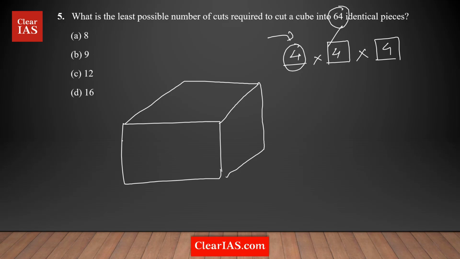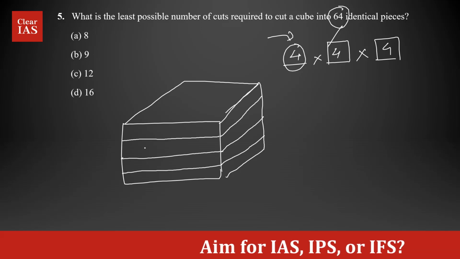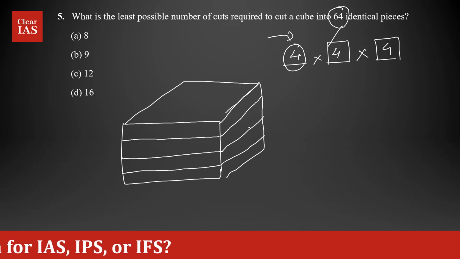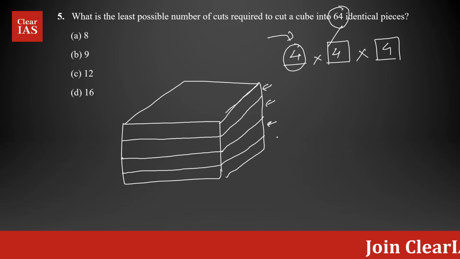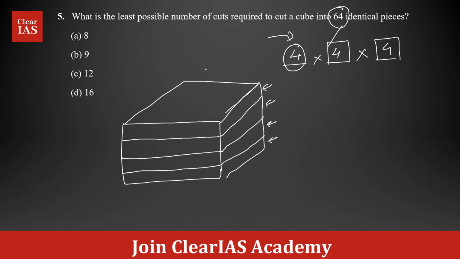I'm assuming this is the first cut, along the length, then the second one, and the third one. Like this, I'm cutting it. So you have 4 pieces: first, second, third, fourth. Right now you have 4 identical pieces.